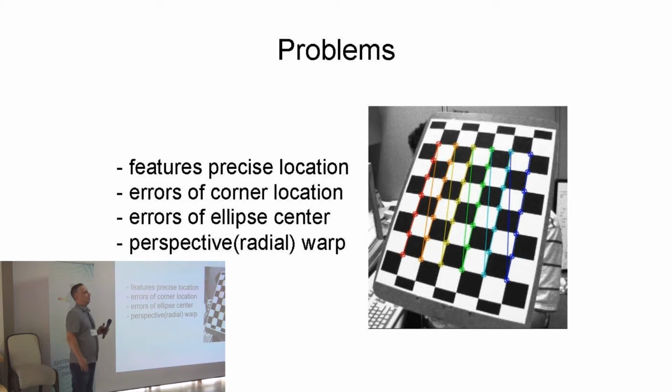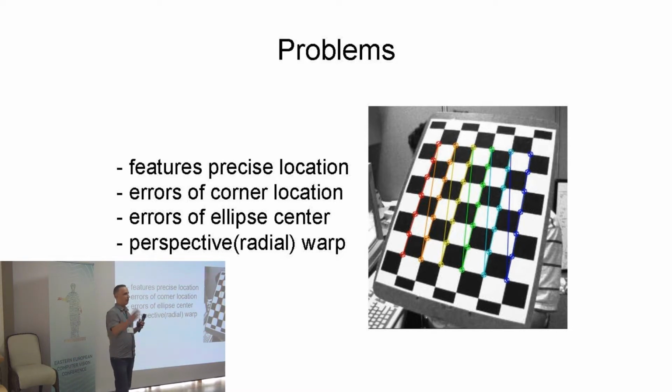Okay, what's wrong with this method? First of all, if you calibrate a camera, you often get just unreliable results. For example, very different focal lengths and different dimensions, and you get invalid uncertainty estimation.